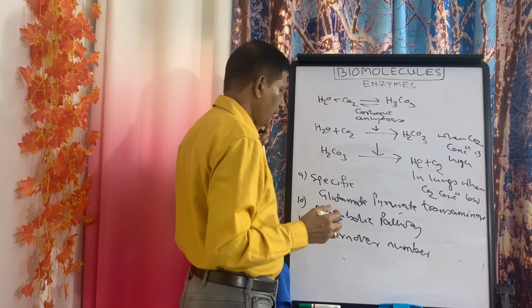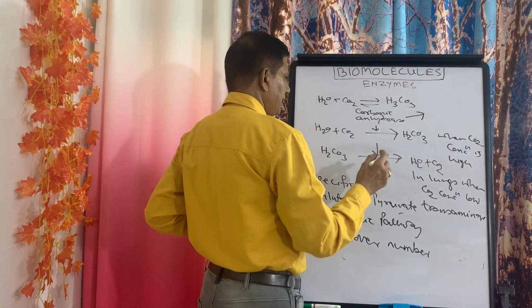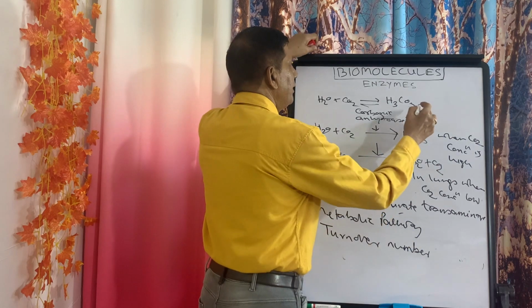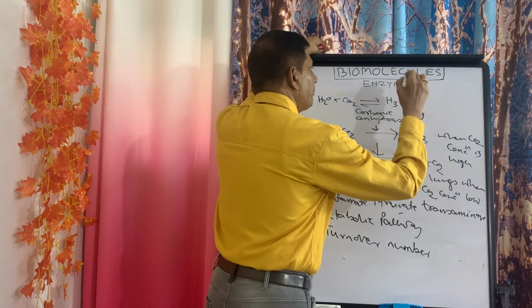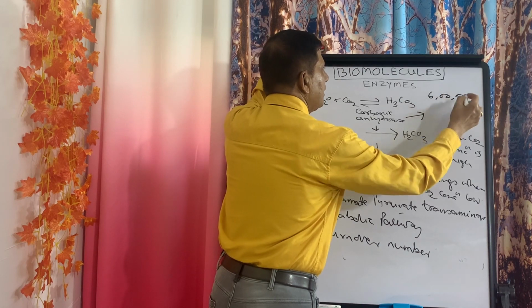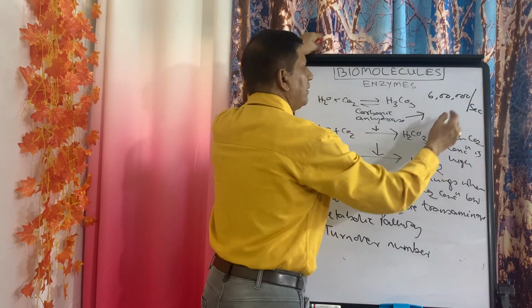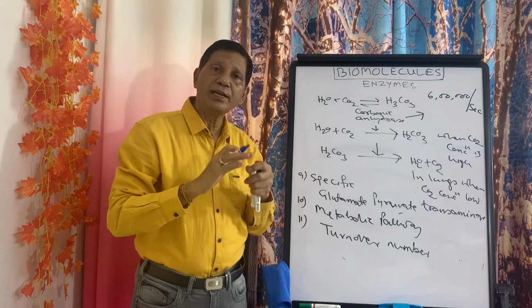If you take the example of carbonic anhydrase, this enzyme converts 6 lakhs of substrates into products per second, and it is the highest among all enzymes.